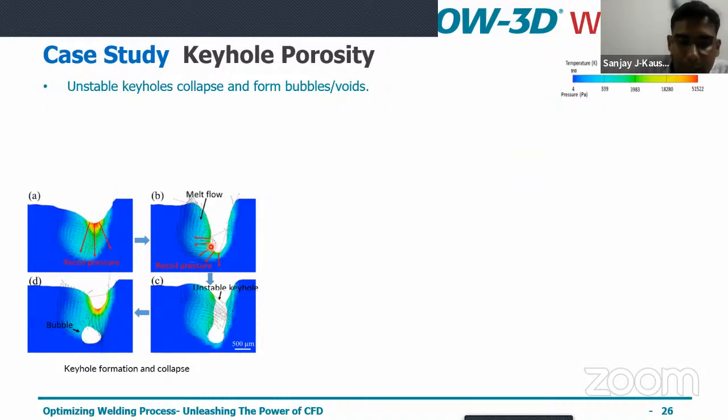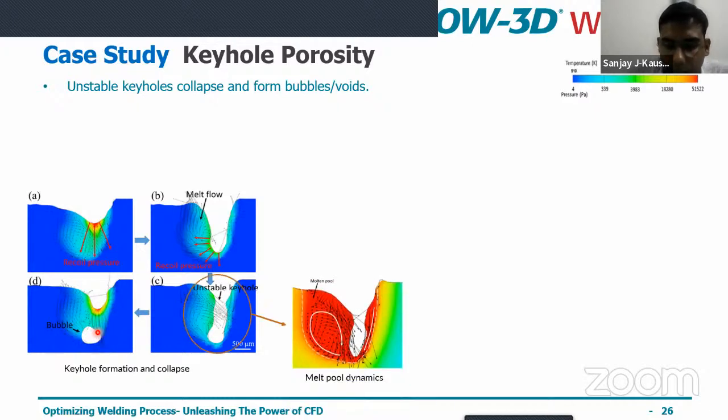Now, because of this, after a certain time, there are unstable keyholes. Because of the keyholing, because of the depth of the penetration, there are unstable keyholes, and this particular front falls on the front and forms these bubbles. It's like a wave coming over in a beach, and it falls on the sand. These are the kinds of waves that come over and hit, and because of that, bubbles are formed, basically voids that are formed.